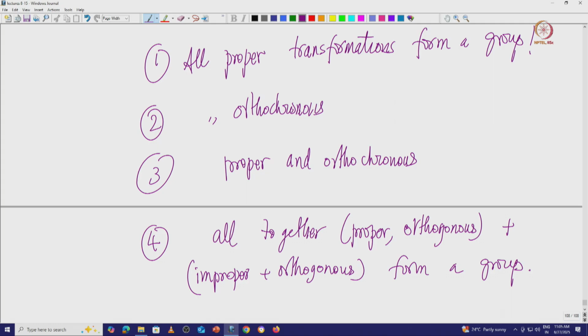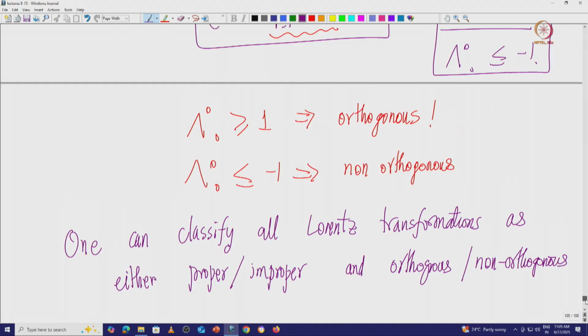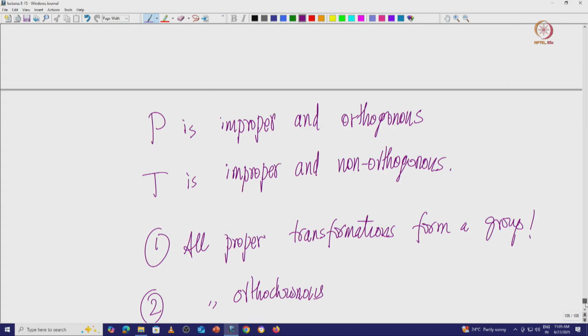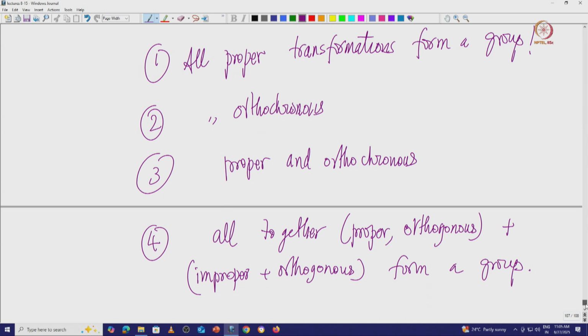So why is this important, why are we trying to classify these things? At the end of the day, we want to transform everything.